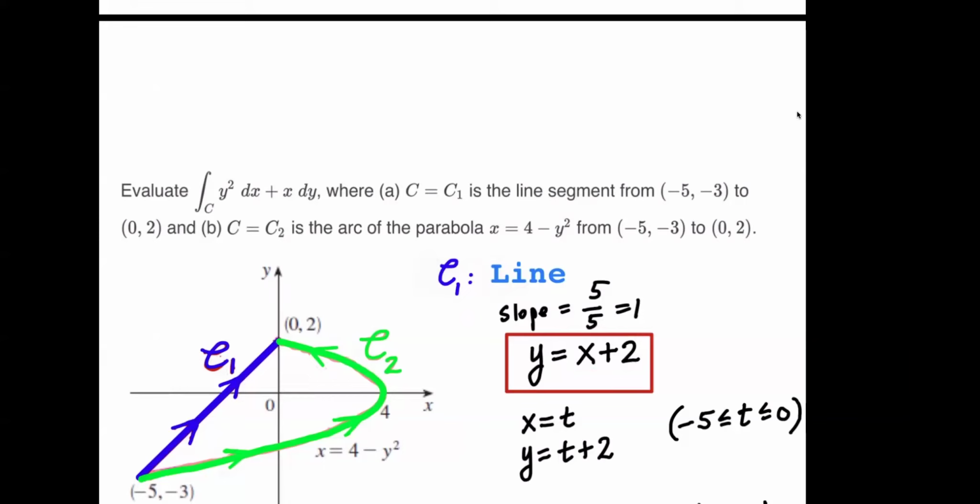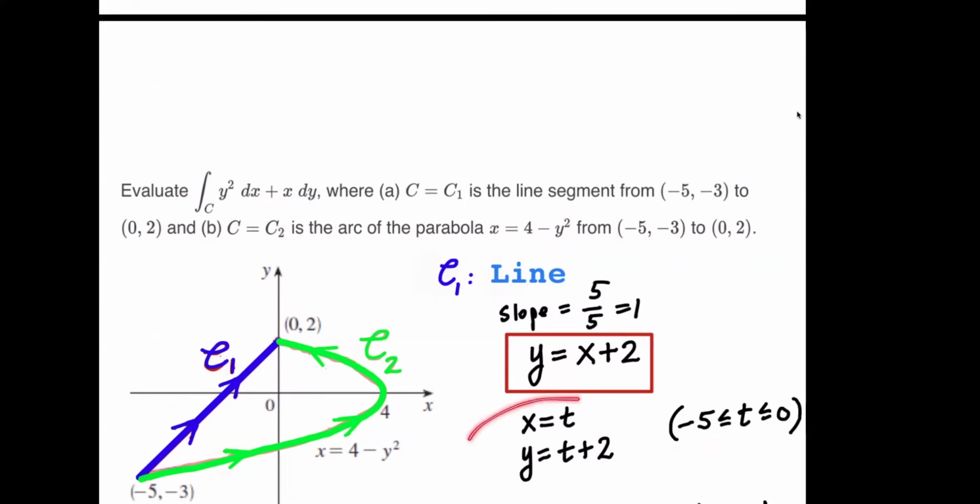And whenever you have a curve which is defined by y equals some function of x, you can always take a parameterization where you set x equal to the time variable t, and then from there you work out what the corresponding y is. That's always one method available to you for parameterizing a curve, as long as it's part of a function of x. And so we can use this parameterization, which will take us over this curve C1, and t will go from -5 to 0.